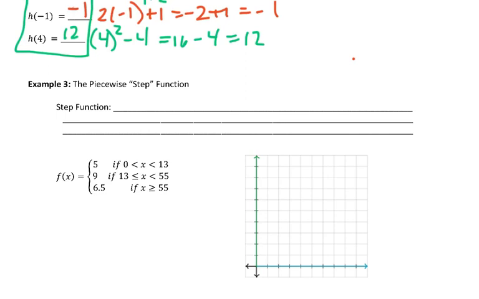So the next piece is a step function. It is a set of pieces of functions, but the idea is that they're like steps, and so they end up being a constant or a horizontal line for each interval.